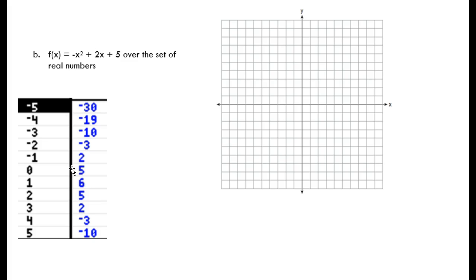Oh, I snipped more than I needed. So at -3, I'm going to go all the way down to -10, right there. That's that one.